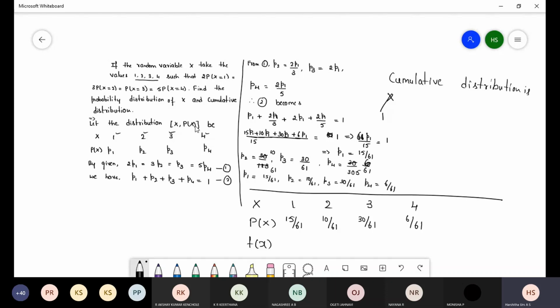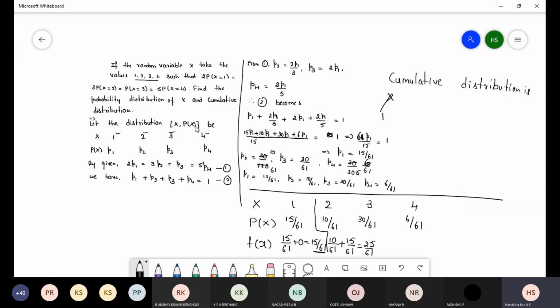So when we are writing the first term for the cumulative, 15 by 61 plus 0 we have to write for the first term. So we get 15 by 61 only. This is the value of the first. Next, for the second term, 10 by 61 I will write as it is, plus this 15 by 61. So I will get 25 by 61.